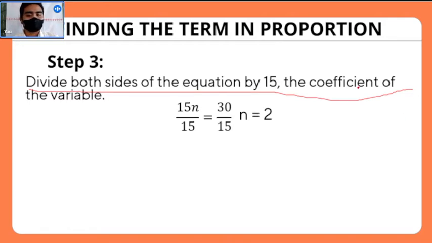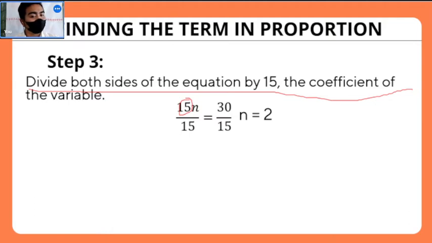Why are we going to divide both sides by 15? The coefficient of the variable. In algebra, there is what you call an expression. An expression is composed of variables and coefficients. Coefficients are the numbers beside the variables.